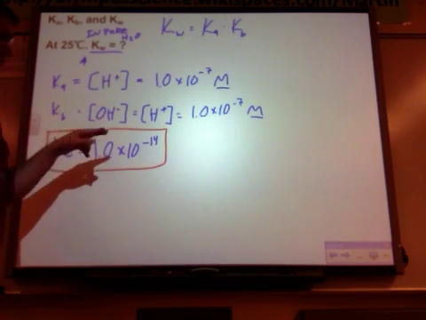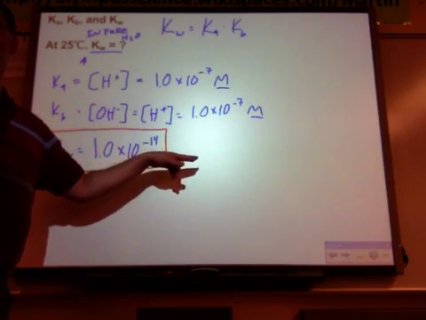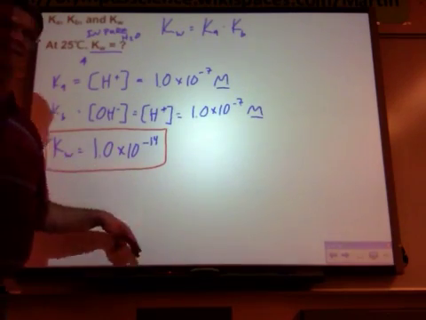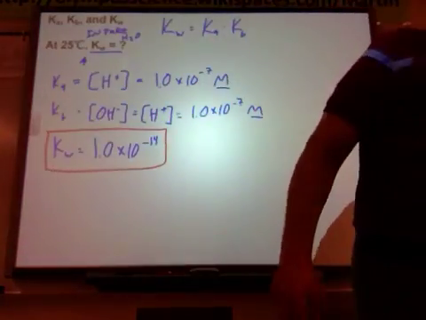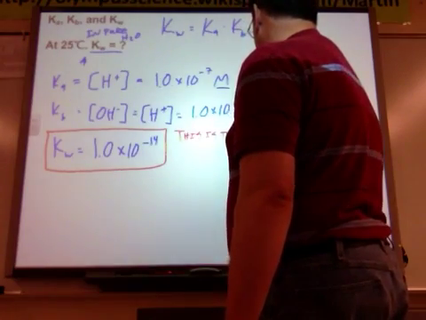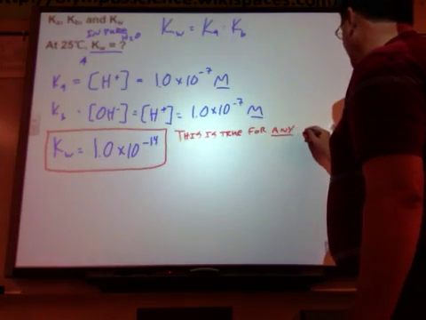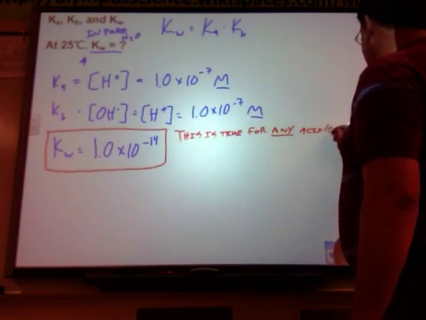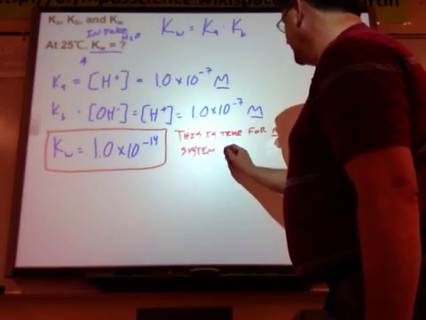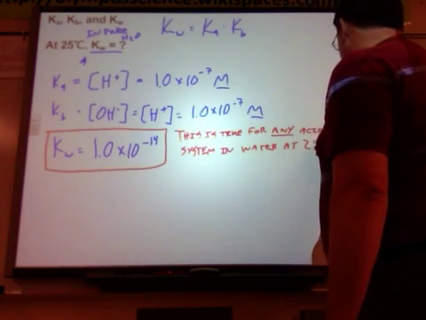In other words, no matter what the concentration of acid is, the concentration of base will then be such that the two of them multiply together to make this number. So this is true for any acid-base system in water at 25 degrees Celsius.